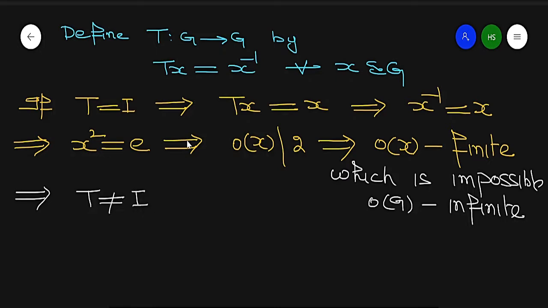So it means G has two automorphisms: one is identity, the second is this T. So it implies G has at least two automorphisms.